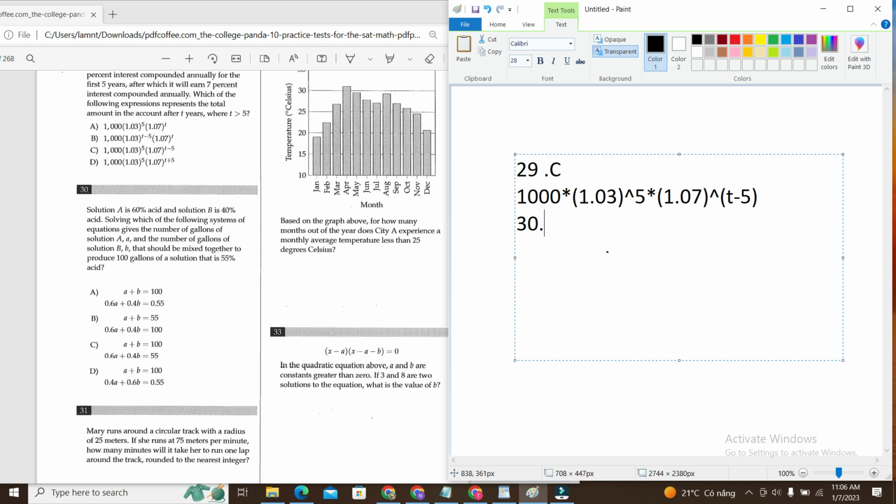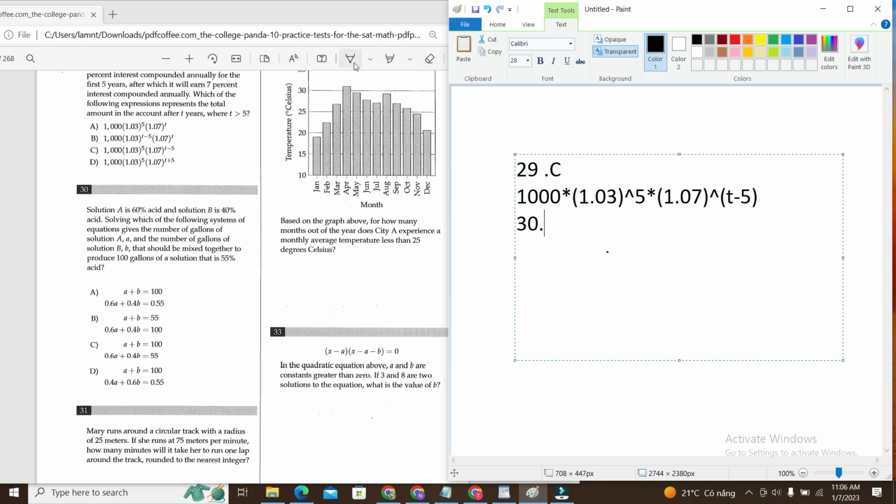First of all, A and B are the number of gallons, and the total number of gallons is 100. Therefore A plus B has to be 100.